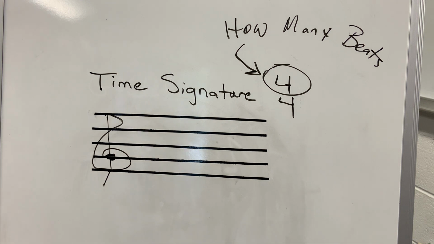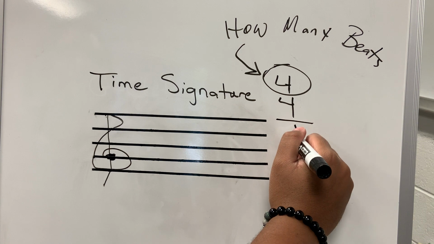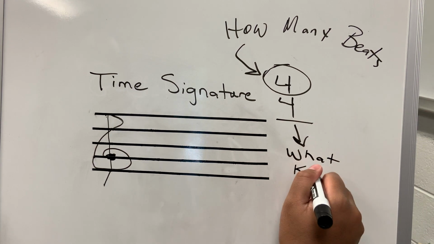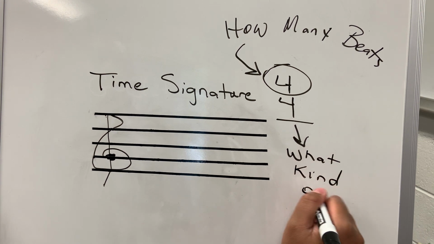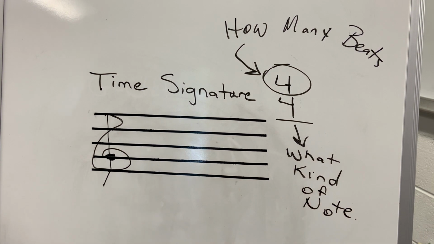That's what the top number tells you. Now, the bottom number tells you something a little different. It tells you what kind of note gets a beat. Okay? So remember the top number, remember it tells you how many beats I need in each measure.